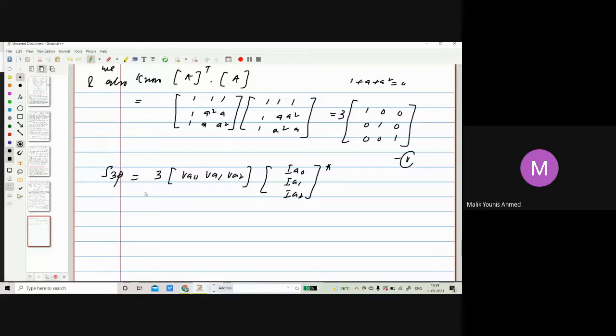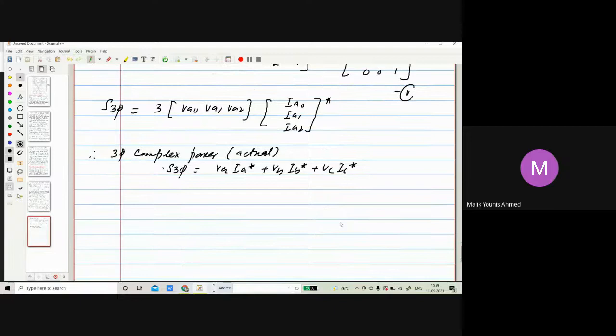So the actual complex power, if we have to write, we have already written at the beginning that three-phase complex power is VA IA conjugate plus VB IB conjugate plus VC IC conjugate.